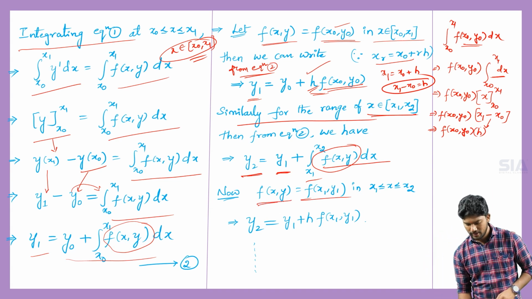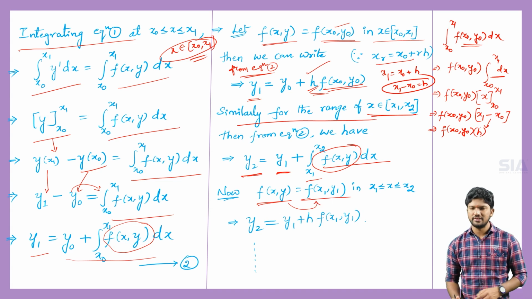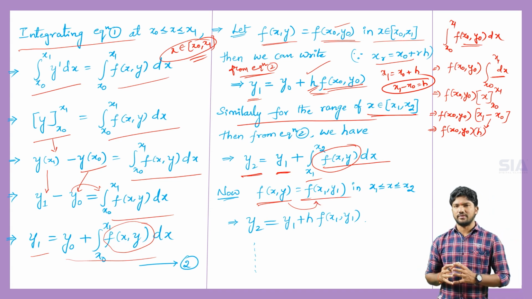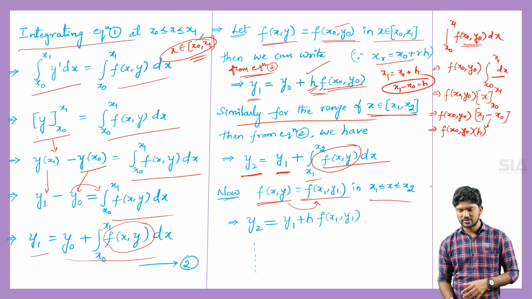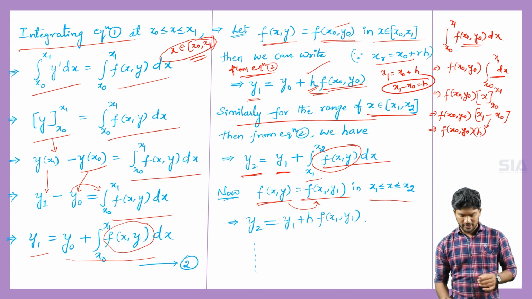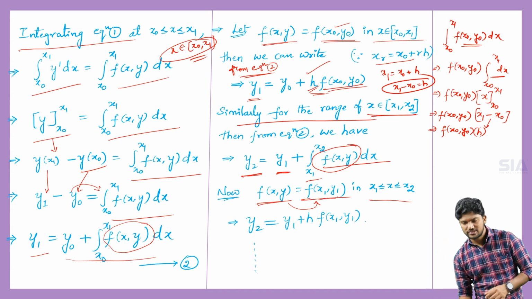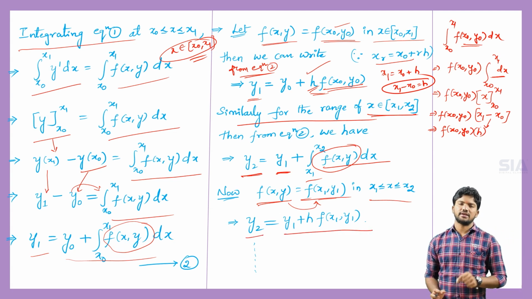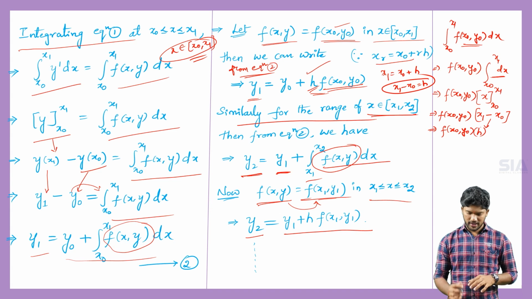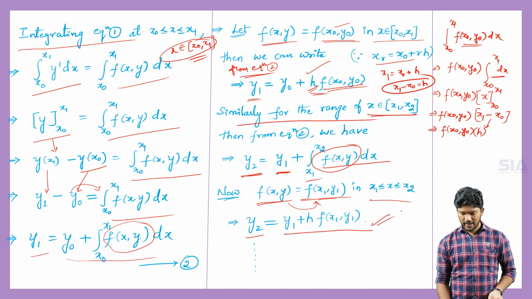Okay, so that function value f of x comma y you can replace with f of x1 comma y1 in the closed interval small x belongs to x1 comma x2. If you apply the integration, y2 is equal to y1 plus h into f of x1 comma y1.